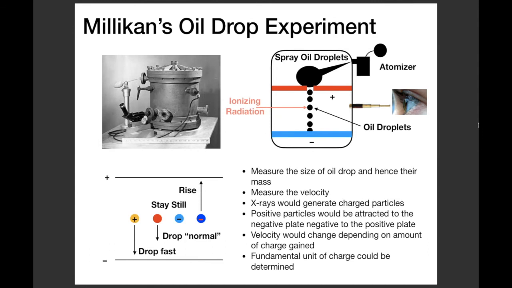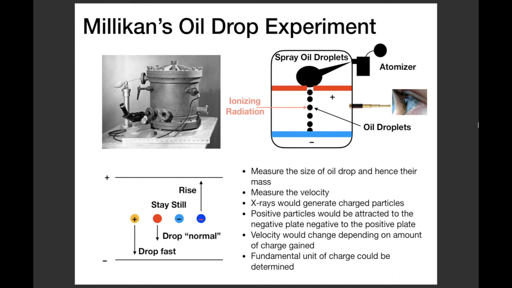The way in which this experiment was performed is that the observer would measure the size of the oil droplet. Knowing the density of oil, they could determine the mass of that oil droplet. They would then measure the velocity of the oil droplet and compare that velocity to what it should be if the oil droplets weren't charged.